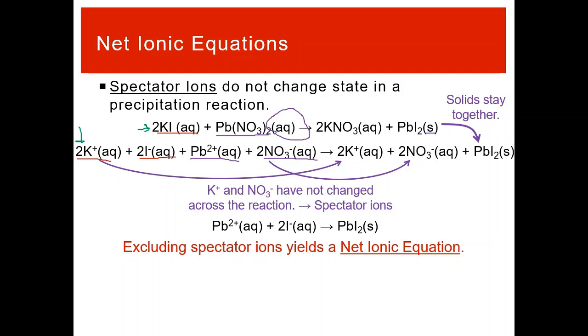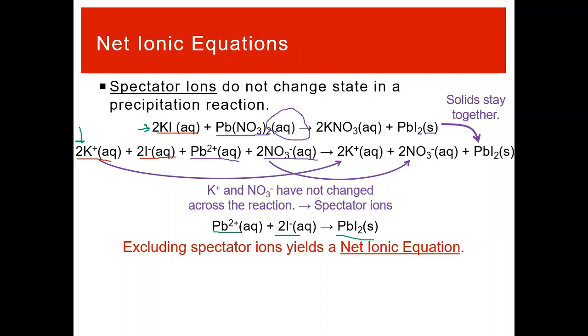The net ionic equation shows you have a cation, you have an anion, and they combine to give you your solid precipitate. This is a precipitation reaction. The net ionic reaction shows the net change of ions involved in this solution. It doesn't show the potassium or the nitrate because they're not actually changing.